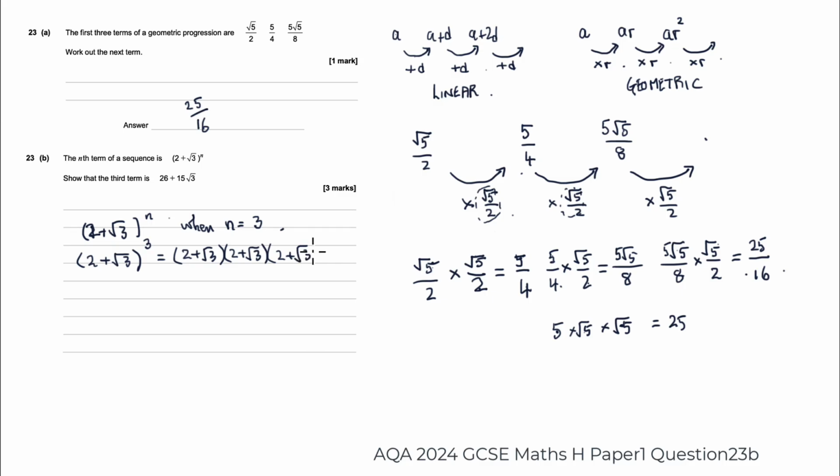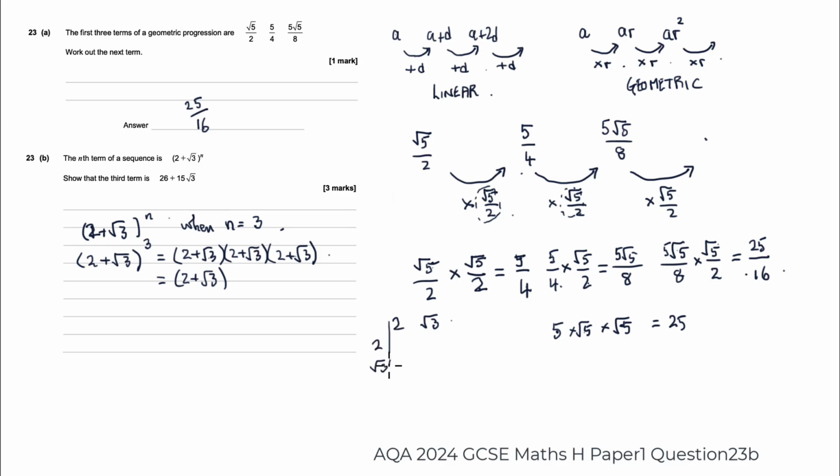Well, let's do it in stages. We'll leave this 2 plus root 3 at the front, and let's multiply 2 plus root 3 times 2 plus root 3. Now there's all sorts of ways you might have been taught about how to set out a multiplication like this.